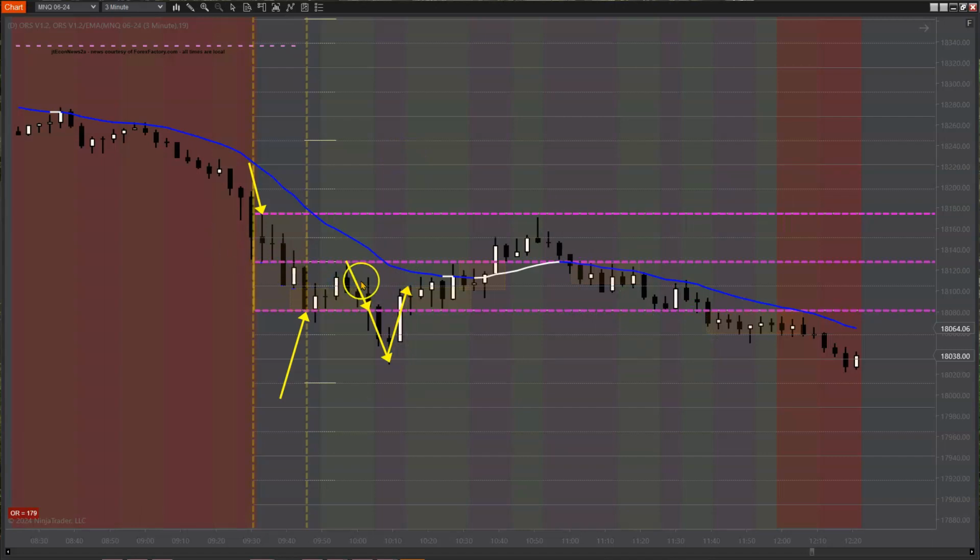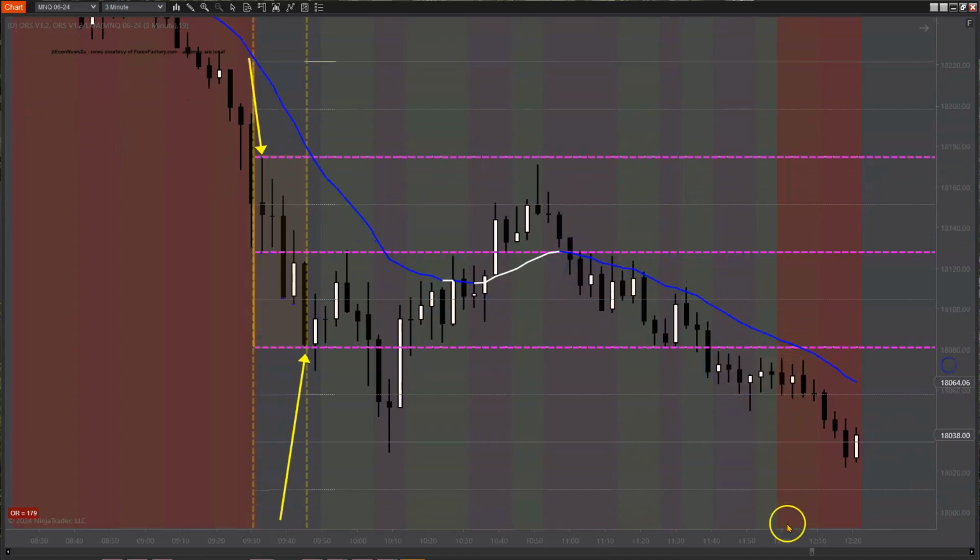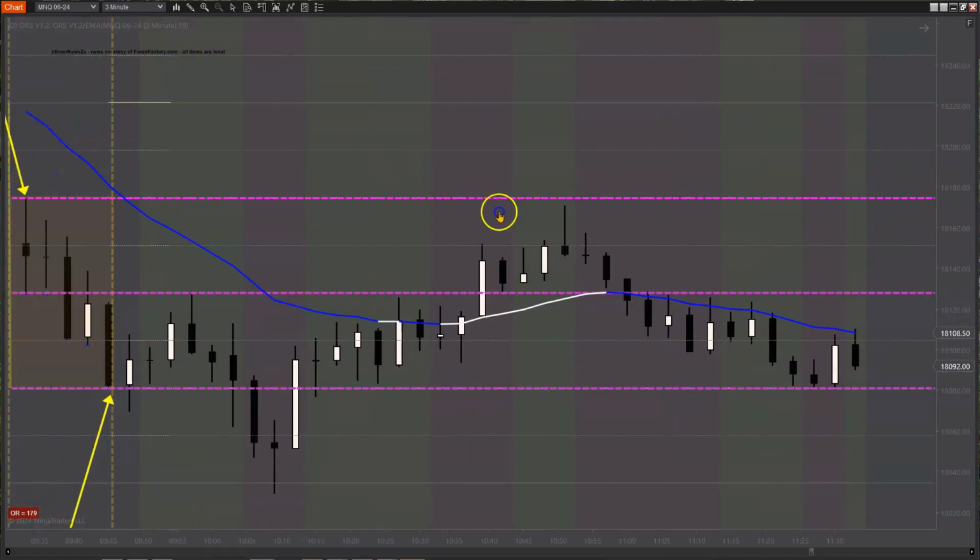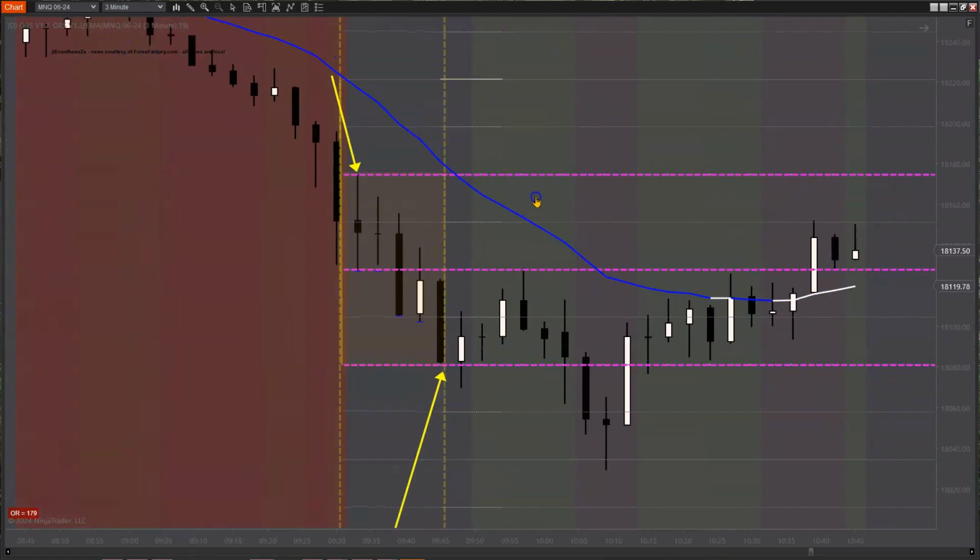If we just clear these out, I can give you a basic idea of how this strategy works as far as placing the limit orders goes. So let's zoom back in. We're not going to take any longs in this area because we're below our moving average.